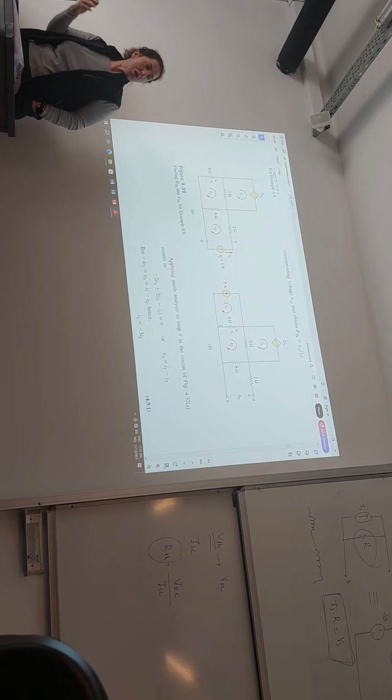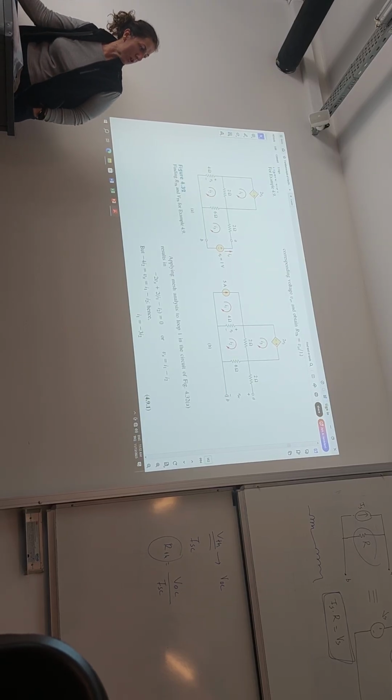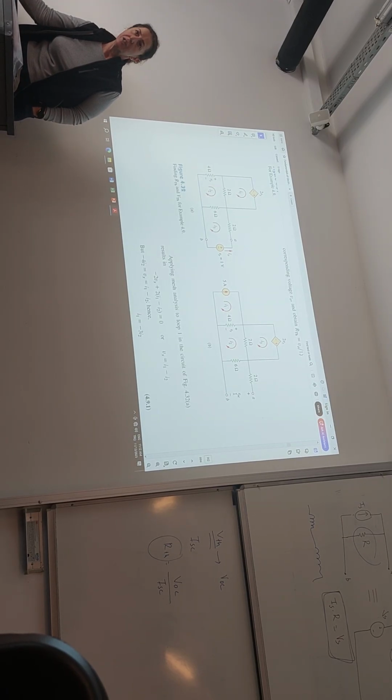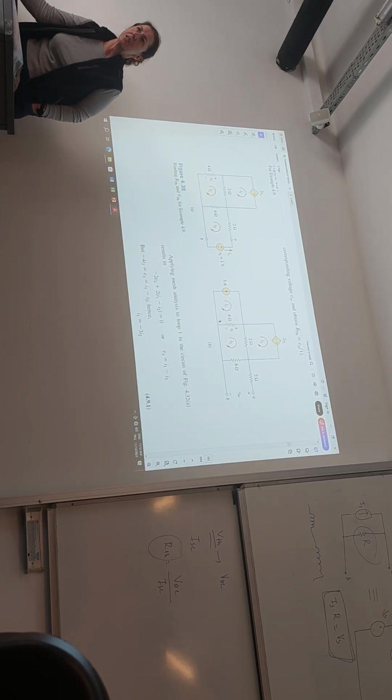You get the Thevenin equivalent by calculating the open circuit potential between these two points. So again, you have to repeat this analysis.